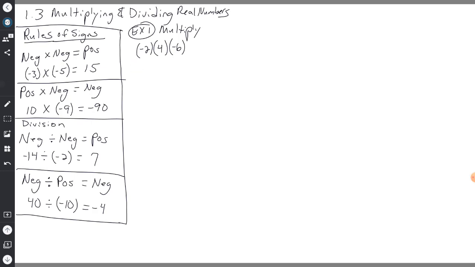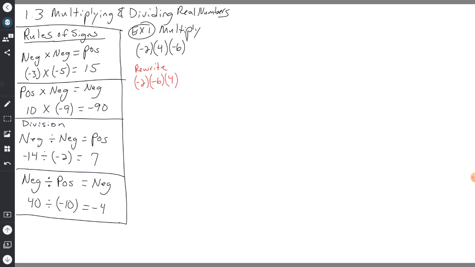Since multiplication is associative, we can rewrite this to put our negatives next to each other.